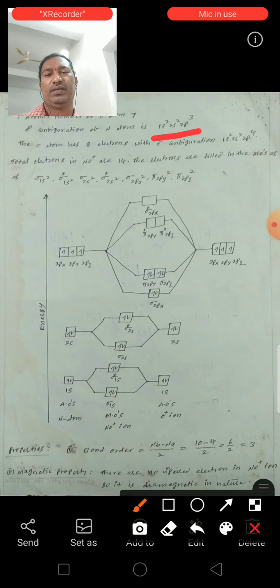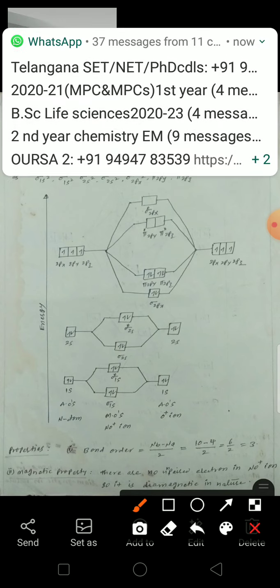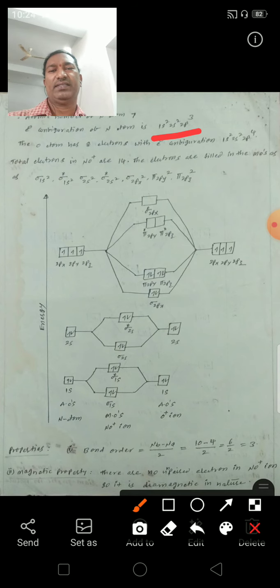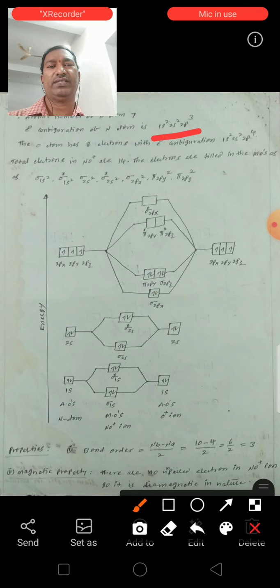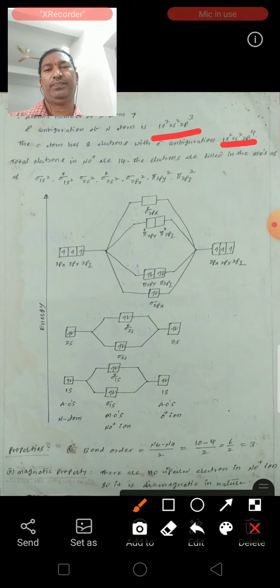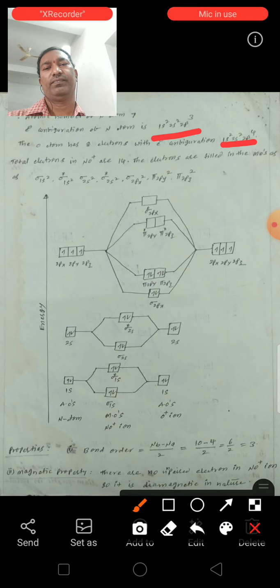Okay. The oxygen atom has 8 electrons. The electronic configuration is 1s2, 2s2, 2p4. Okay. So now the total electrons in NO plus are 14 electrons.